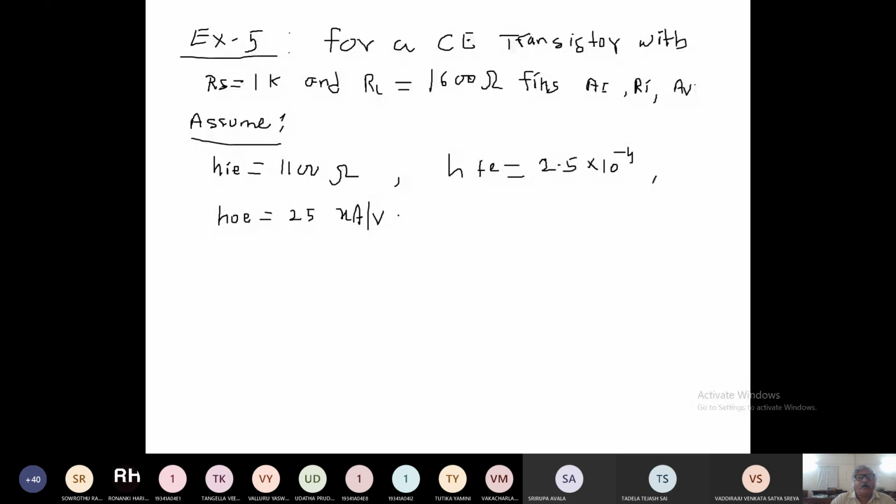See, only three parameters are given: HIE, HFE, HOE. HRE is not mentioned here.